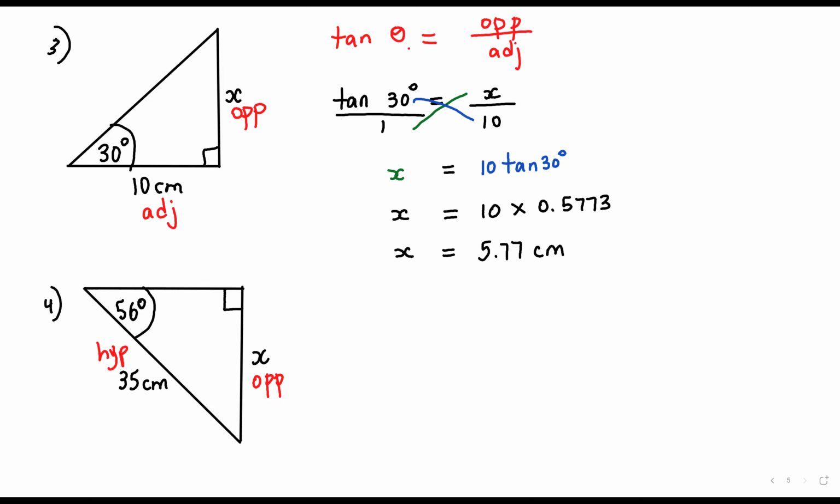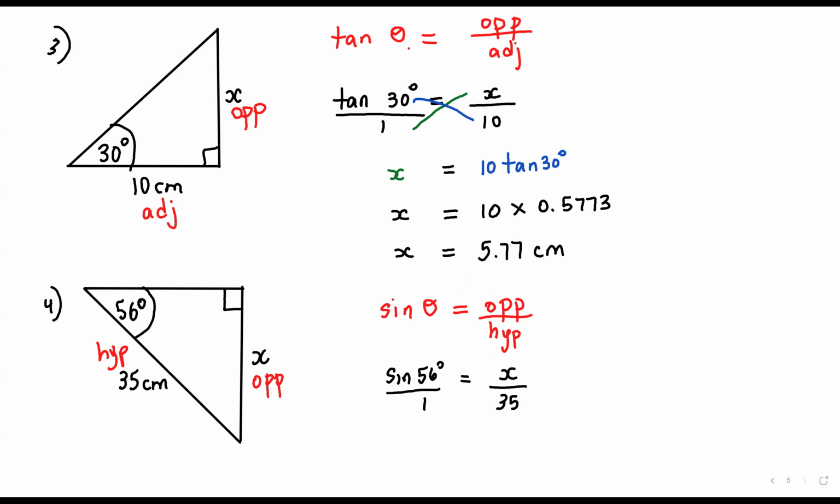Sine. Sine, that's right. So sine of angle theta is equal to the opposite over the hypotenuse. And let's substitute our values in there. So this would be sine of 56 degrees is equal to opposite, which is x, over the hypotenuse, which is 35. All right.